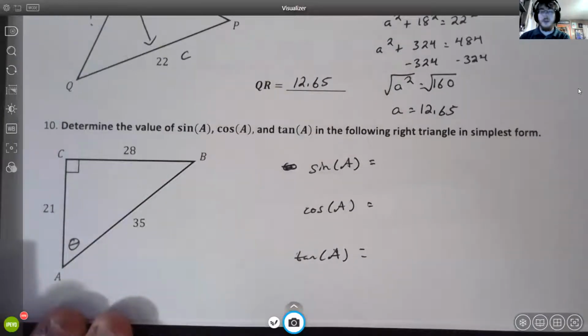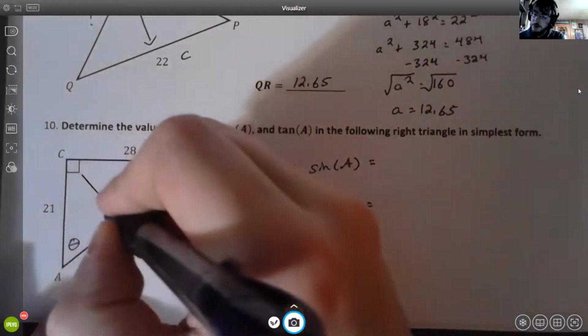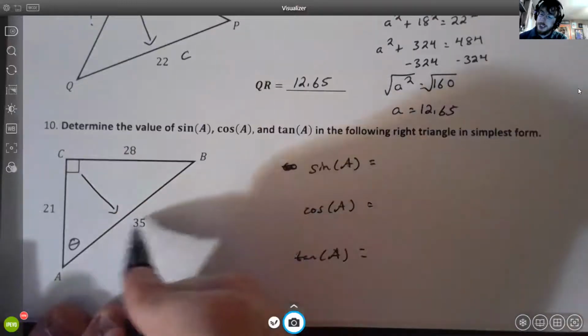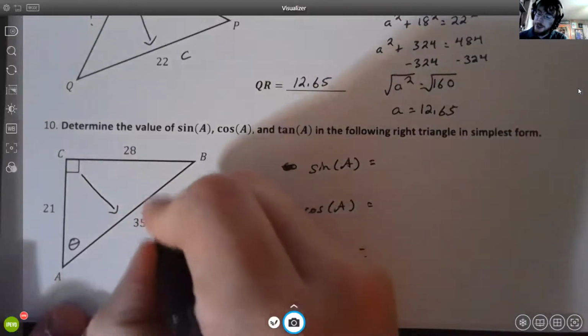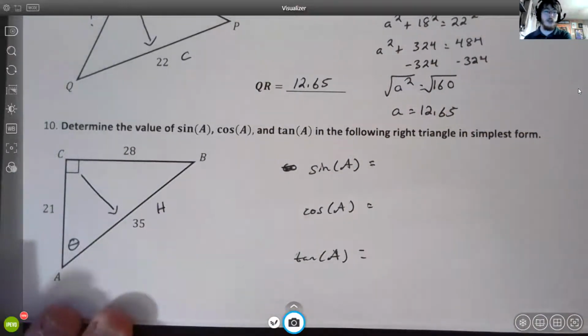Okay. The one I like to go for first is the hypotenuse because it's always consistent. So the hypotenuse is opposite of the right angle. In this case, that means that 35 is your hypotenuse, which is H. All right. Next up, we're going to do the opposite side.